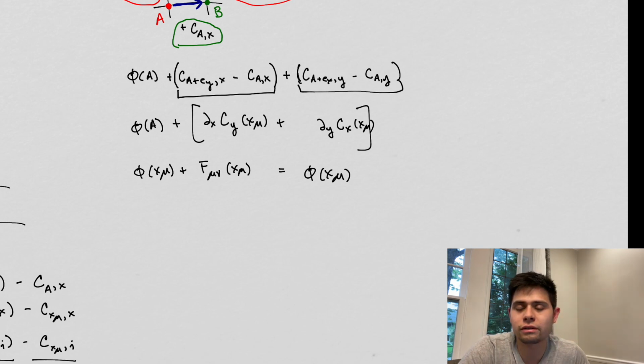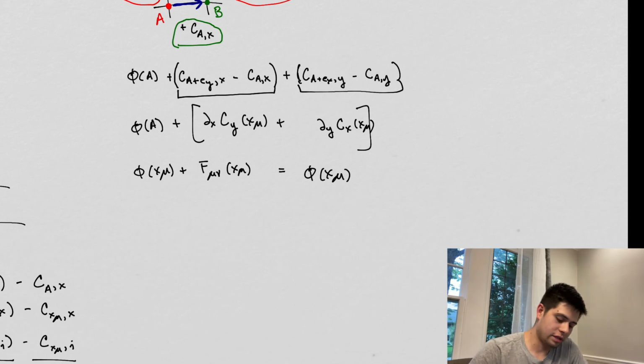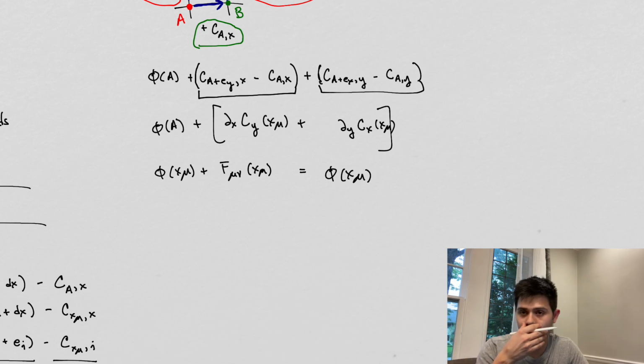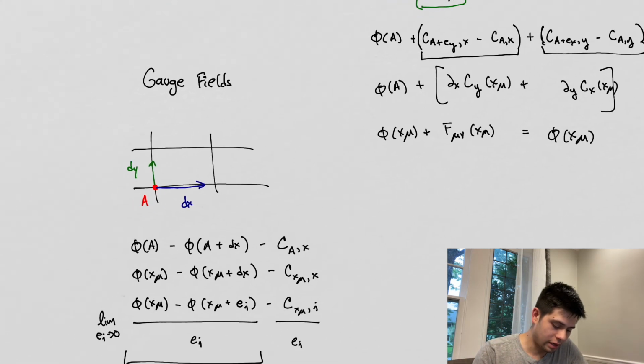That's what this is going to be like for this playlist. So that's it for this video. We've talked about, again, this object that's going to take into account shifts in our coordinate system as we traverse a closed loop in our field, and our covariant derivative.